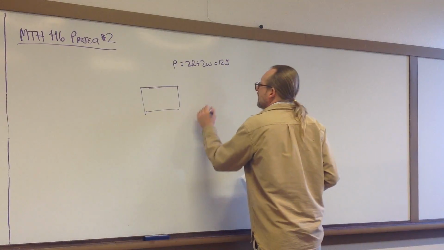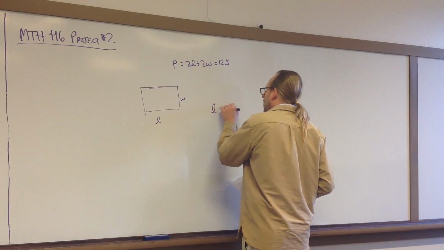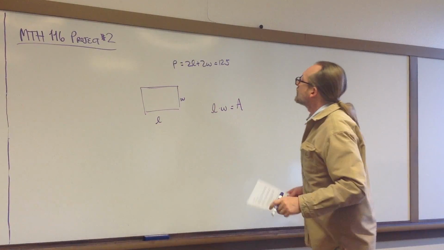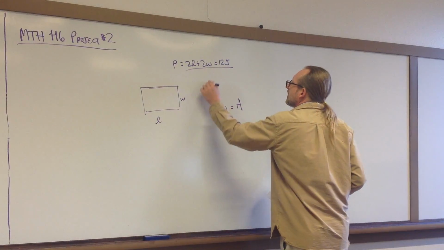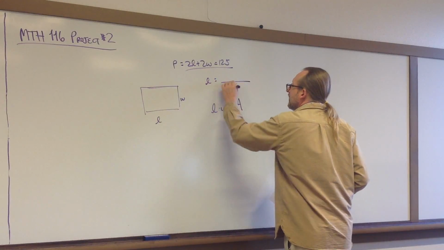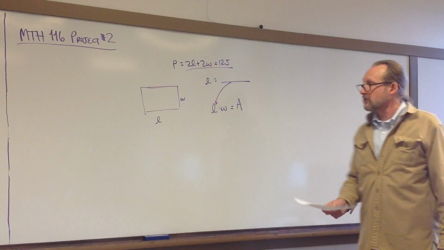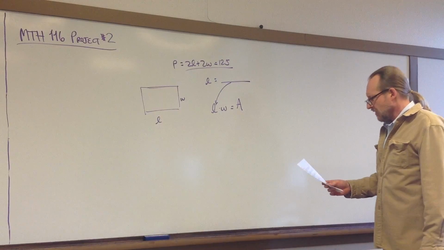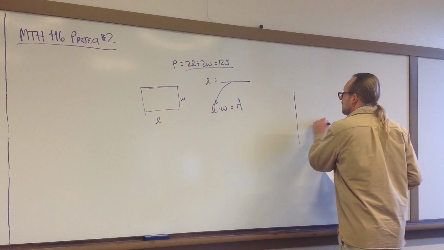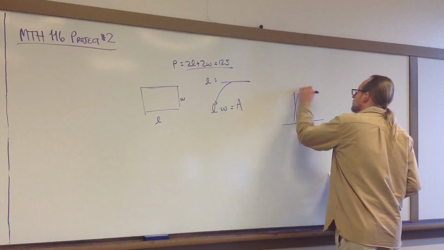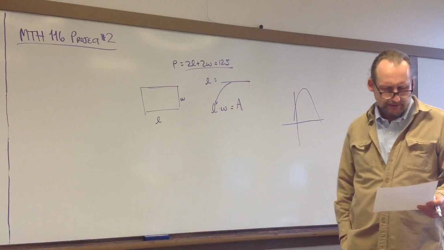Well, the area is the length times the width. So take this equation, isolate the length, and then plug it in there. Now your area will be totally in terms of the width, and we can go ahead and make a graph for that. In this scenario, you're going to get something like this. We're looking for a maximum area in this case.